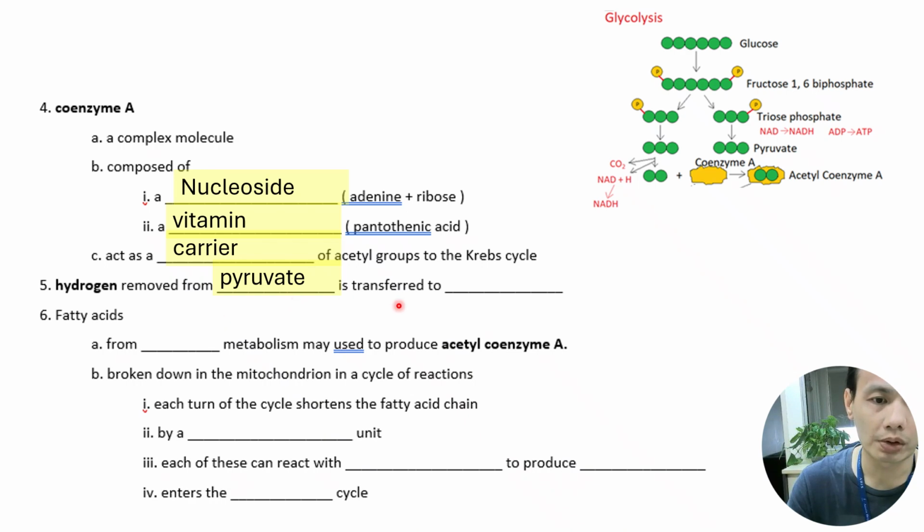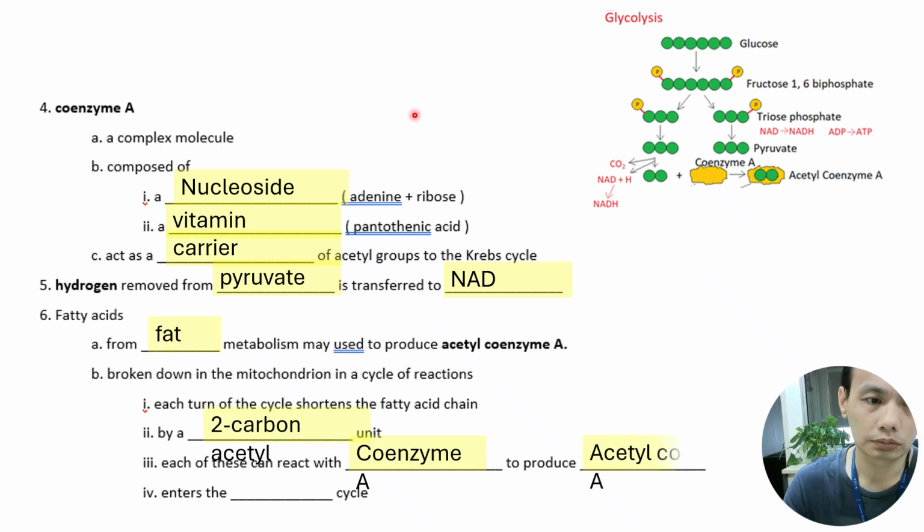Hydrogen removed from pyruvate is transferred to the NAD, this part again, into reduced NAD. Okay. So fatty acids from fat metabolism are used to produce acetyl CoA as well. They are broken down in the mitochondria in a cycle of reactions.